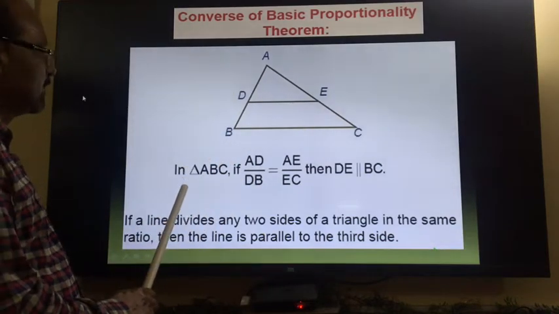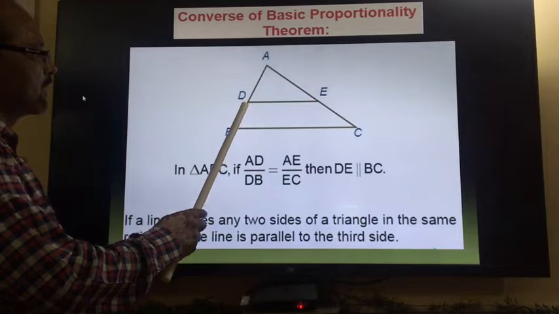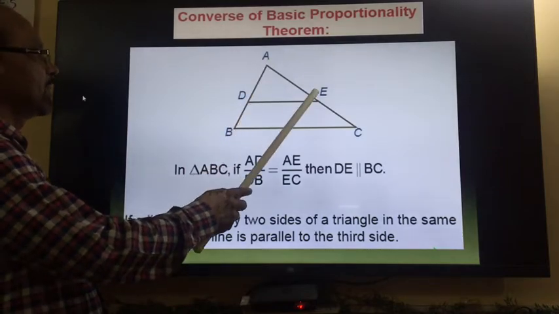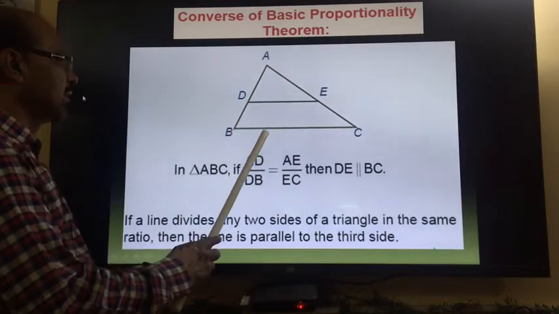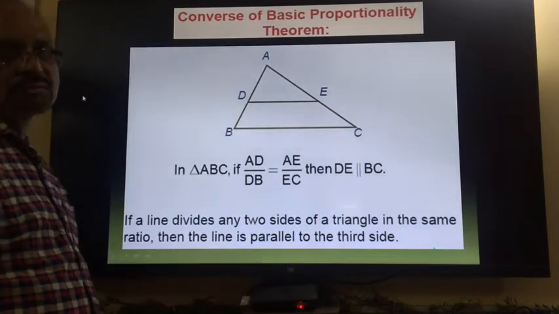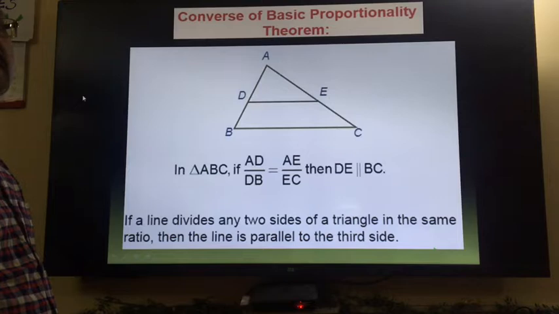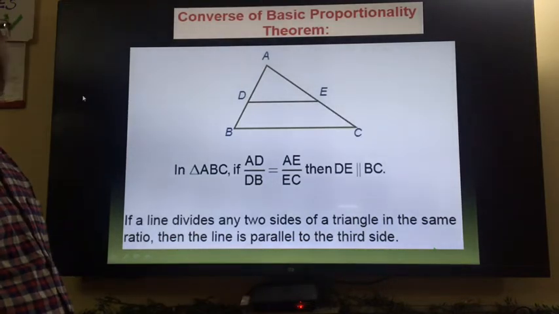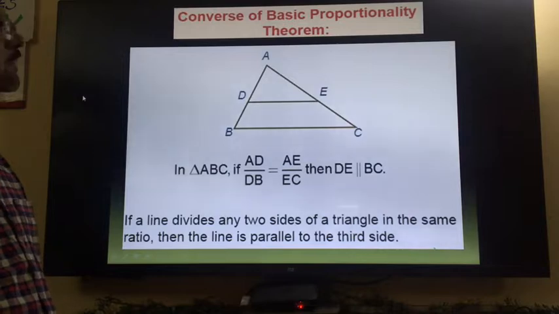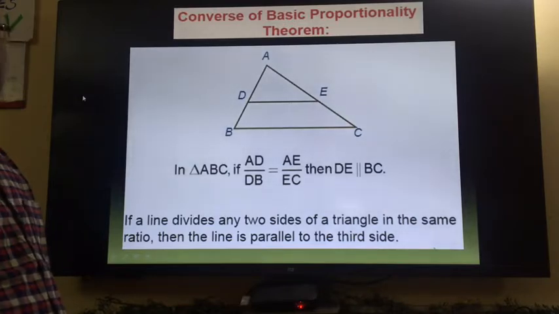So in a triangle ABC, if AD part upon DB part is equal to AE part upon EC part, then we can say line DE will be parallel to BC. So this is the converse of the BPT theorem. Now children, this is the second theorem which I taught you. So first BPT, second one is the converse.